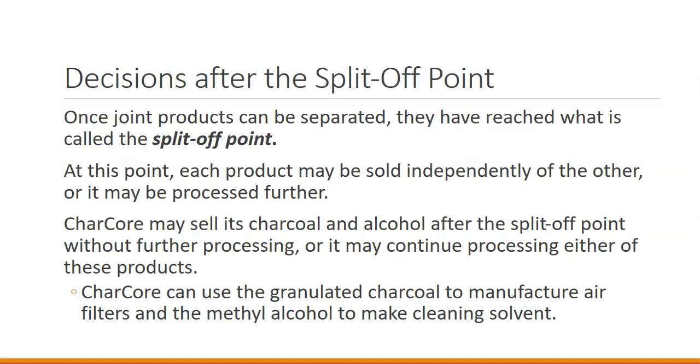At that split off point, we need to decide if we're going to sell those products independently or if we're going to process them further. So we can sell charcoal and alcohol at the split off point without further processing, or we can further process and make air filters and cleaning salts.